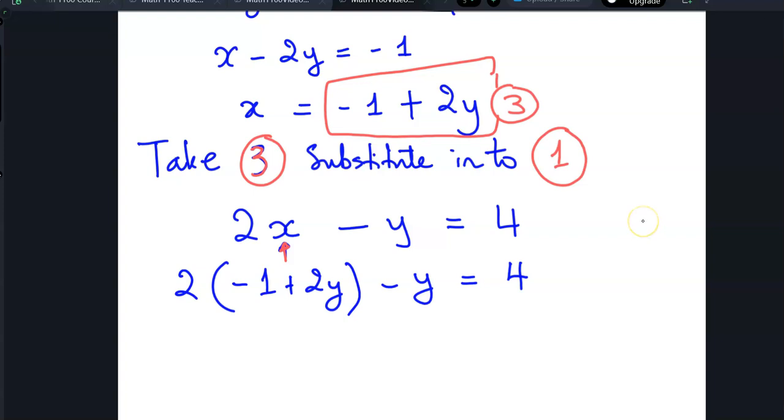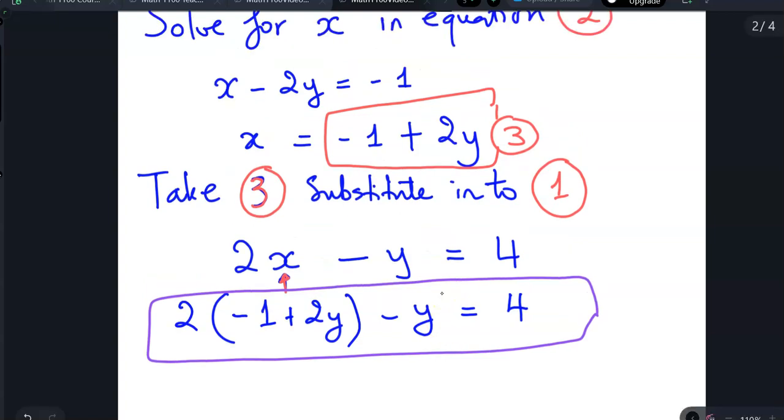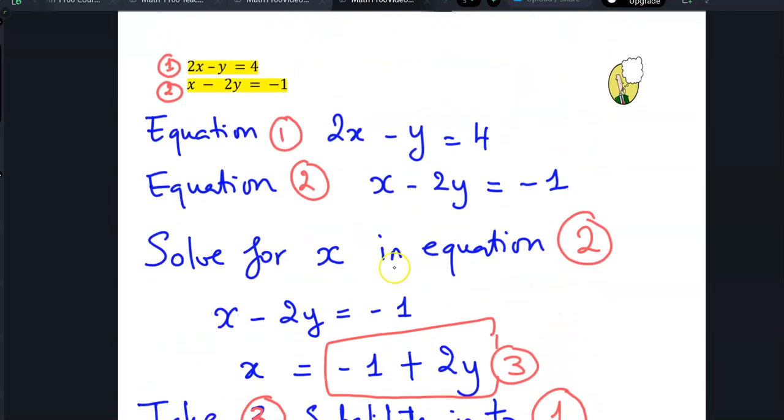So do you notice that this equation becomes an equation with just one unknown, right? One unknown y, so you can solve for y. Because when I highlight this for you, you see one equation but two unknowns.